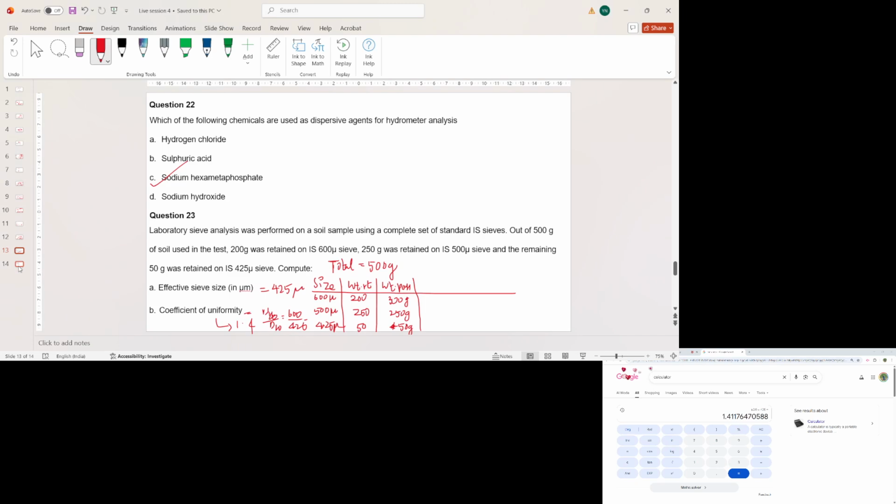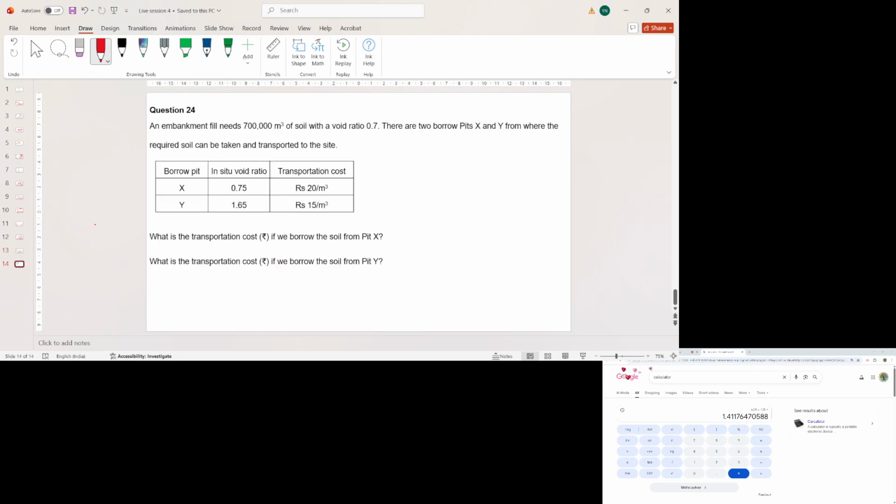Now, coming to the next question, the last question of the day. An embankment fill needs 7 lakh meter cube of soil with a voids ratio 0.7. There are two borrow pits, pit X and pit Y, where the required soil can be taken and transported to the site. Borrow pit X has a voids ratio of 0.75, and borrow pit Y has a voids ratio of 1.65.